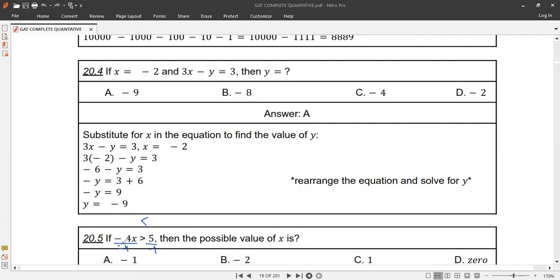If you divide or multiply the inequality by a negative number, you have to change the direction of the sign. So this becomes X less than -5/4, which is less than -1. So X less than -5/4.